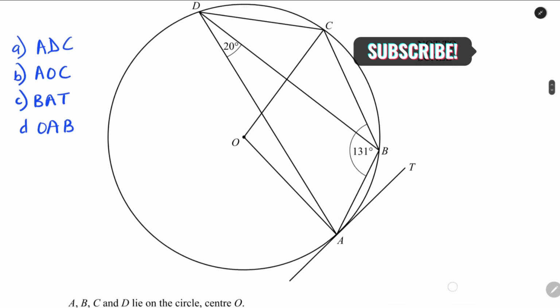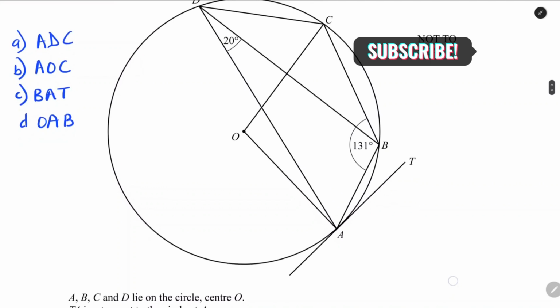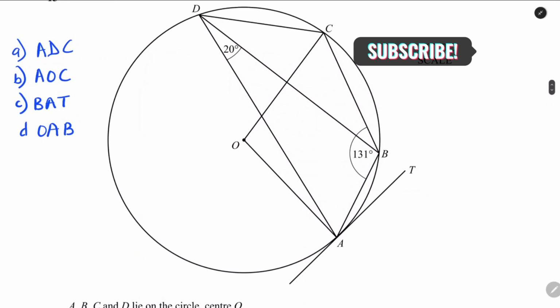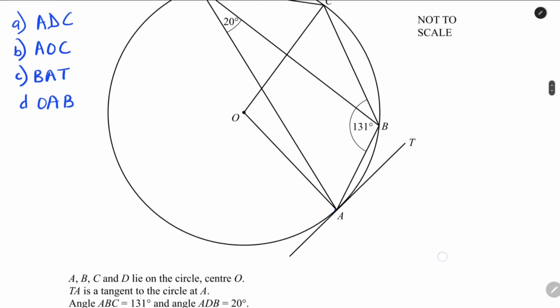Let's read the additional information given here. We are told that A, B, C, and D lie on the circle. That's important. We're going to learn that very soon. TA is a tangent to the circle at A. So TA, this line here, is a tangent to the circle at A. Very also important.